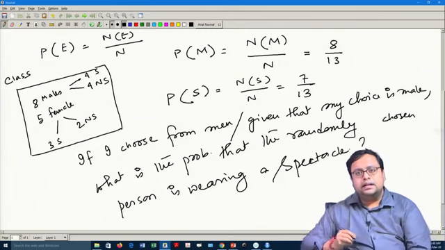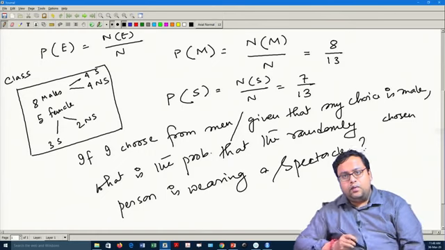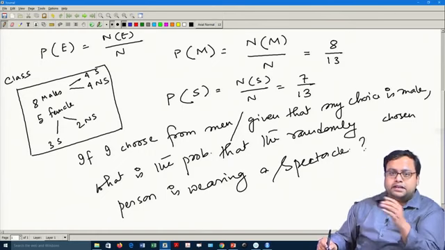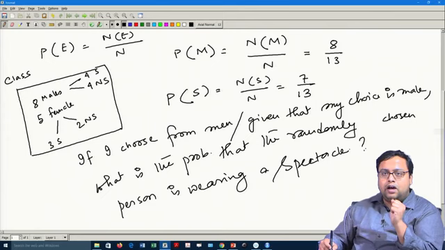That is the question. If I choose from males, what is the probability that a randomly chosen person is wearing a spectacle? So, how will I answer that?